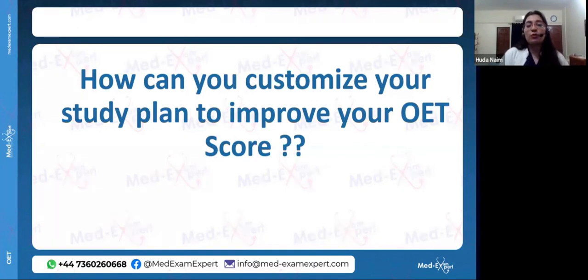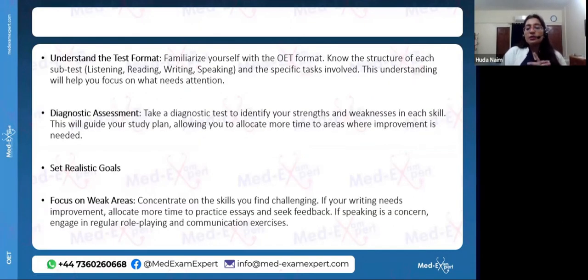I understand that all of you are medical professionals, you have very limited time to prepare for the exam, and what would be the ideal scenario for you to improve your score, and how can you score in the shortest time possible. So I've tried to add a few tips that would help you customize your study plan.